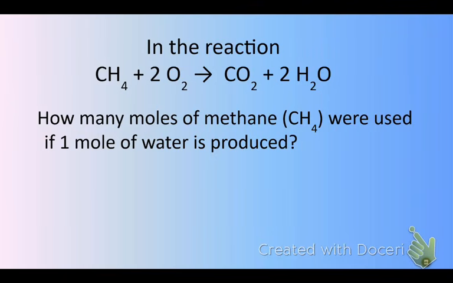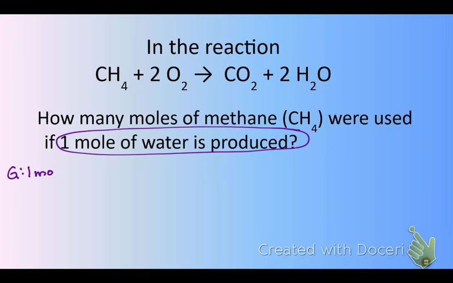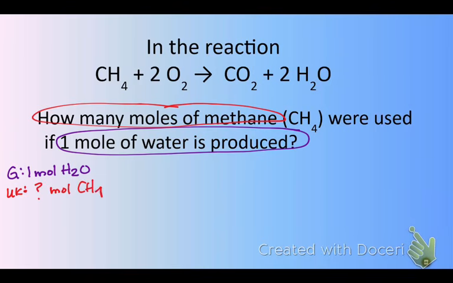We're going to find our given: 1 mole of water. So our given is 1 mole H2O. Our unknown is how many moles of methane. Notice this time I'm asking for an unknown of a different compound. How many moles of methane?